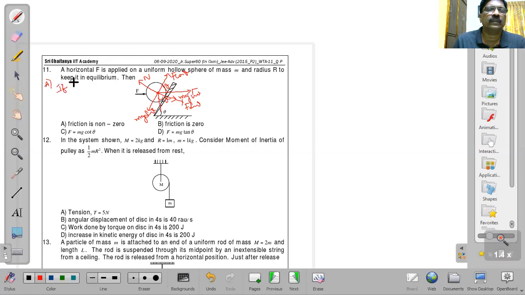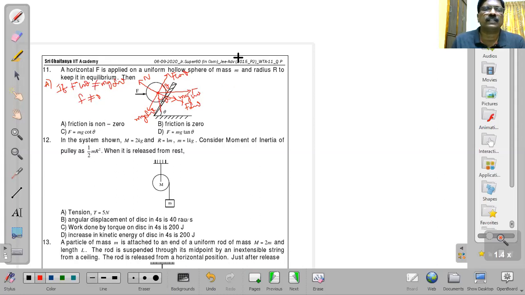For A, F cos theta not equal to mg sin theta, in that case definitely friction exists. Friction is not equal to 0. Option A is also correct, because it is not mentioned whether F cos theta and mg sin theta are equal or not. They may be different, and in that case there is non-zero friction.